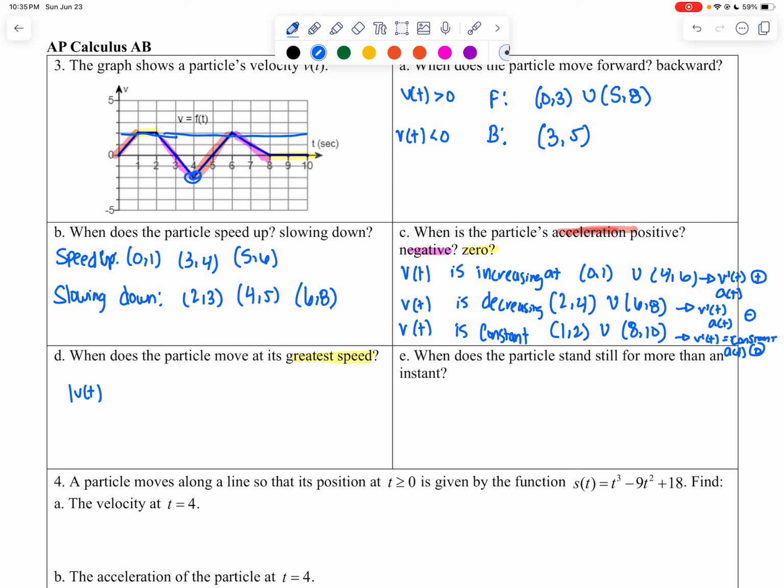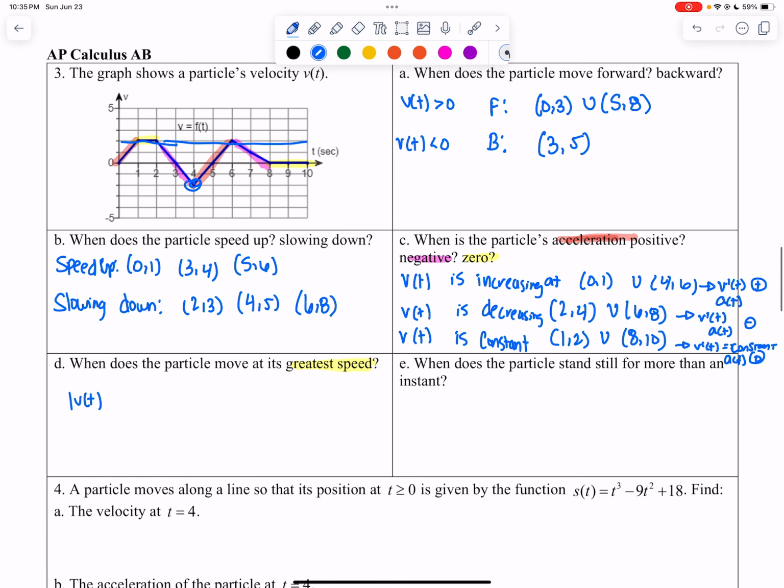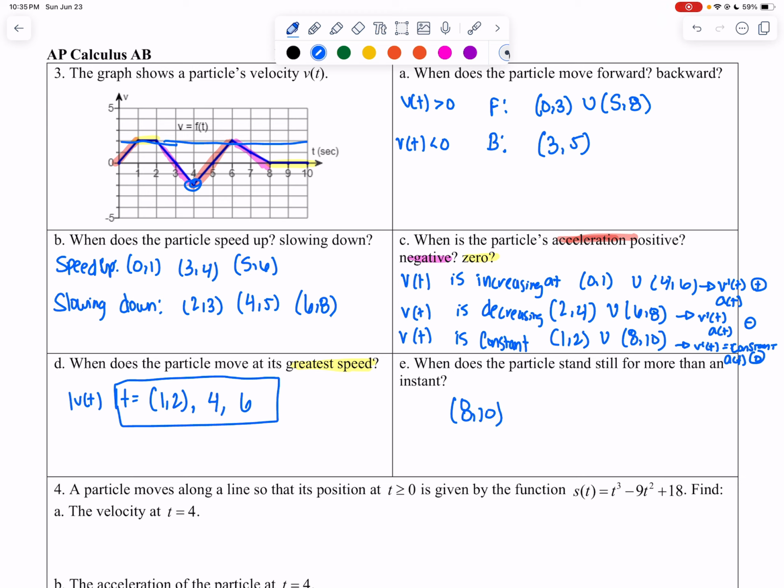So this tells me that my particle moves at its greatest speed from 1 to 2, 4, and 6. Part E says, when does the particle stand still for more than an instant? That's going to be from 8 to 10, because I am sitting still for 2 seconds right here.